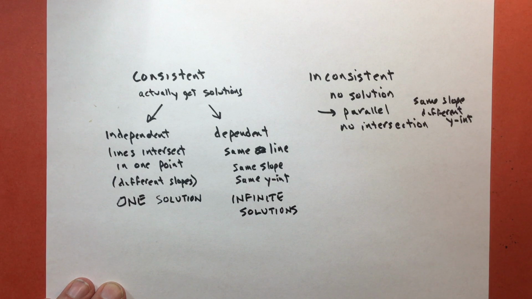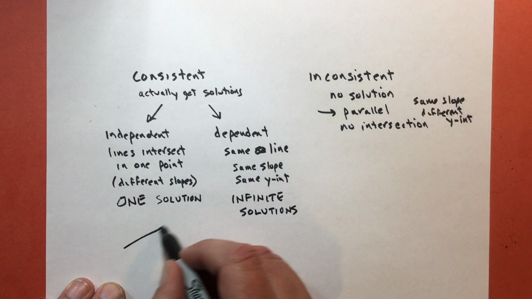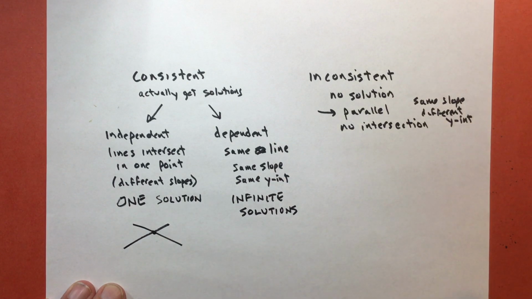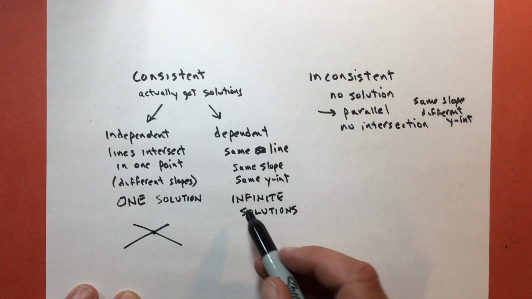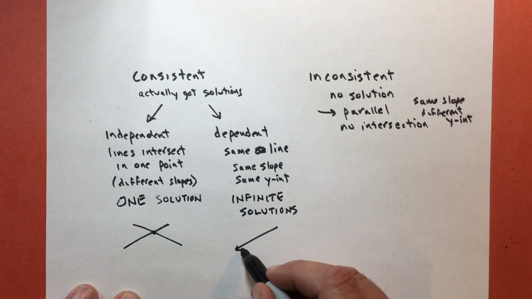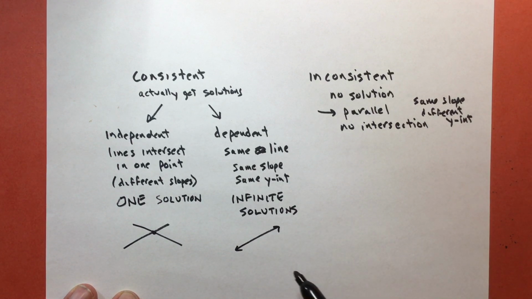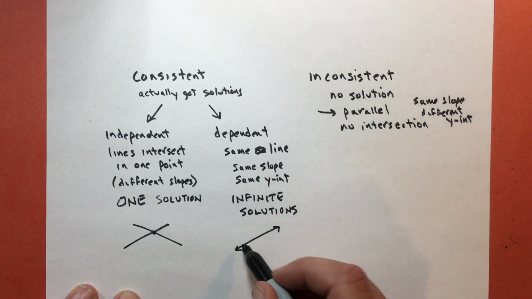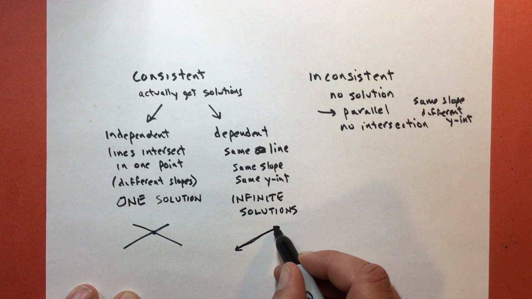So here's my three choices. The lines can intersect like that, and that's my solution, whatever that x, y is. Infinite solutions mean that you got the line on here twice. I can't draw it differently because I would draw the other line right on top of it. It's the same line.